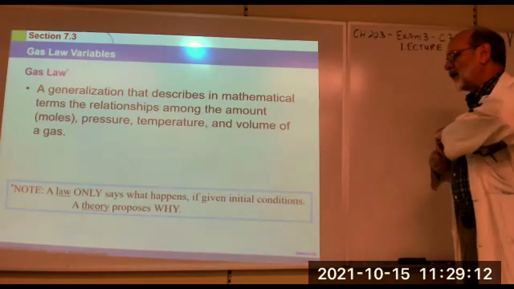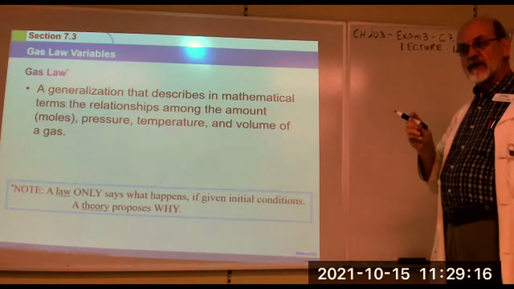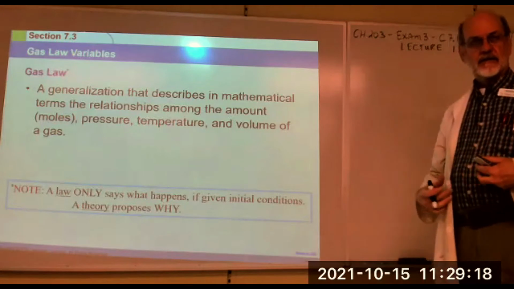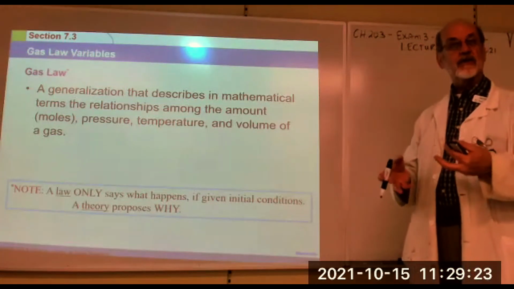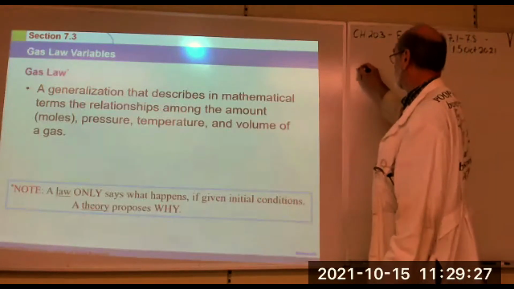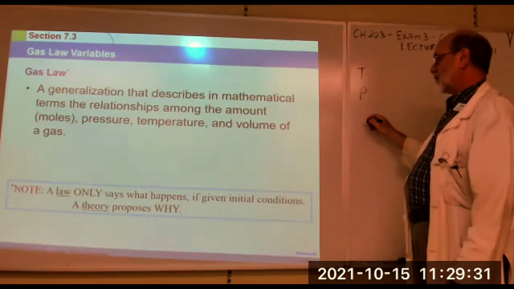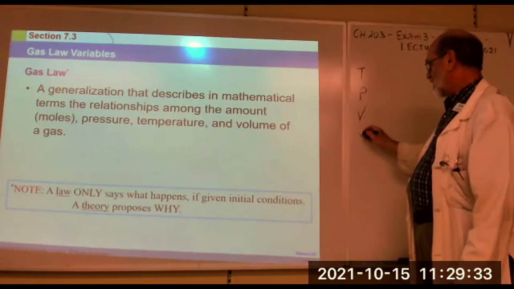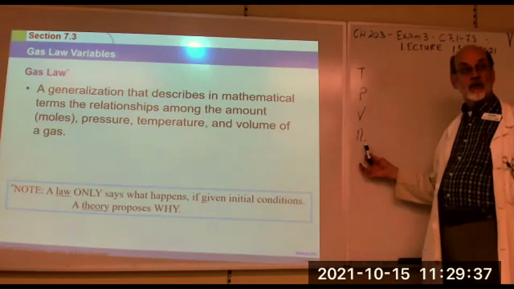When we're describing a gas, we need to know 4 conditions to describe it physically. Now, we're not talking about gases so much from a chemical standpoint, but from physical. If you know the temperature, you know the pressure on the gas, you know its volume, and you know how much of it there is, that's my abbreviation for moles.